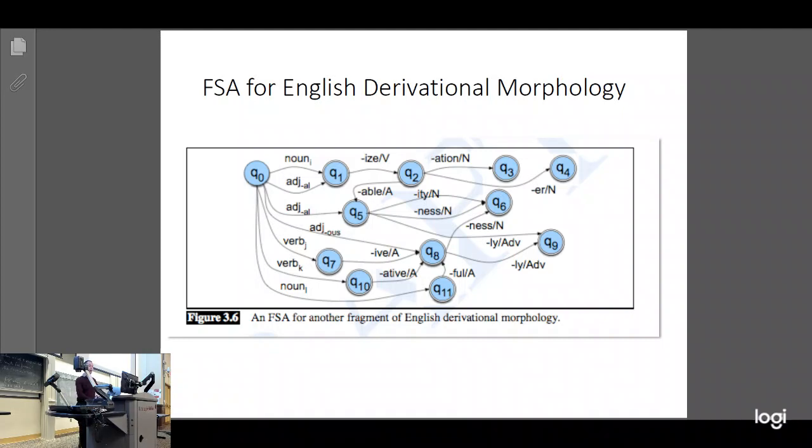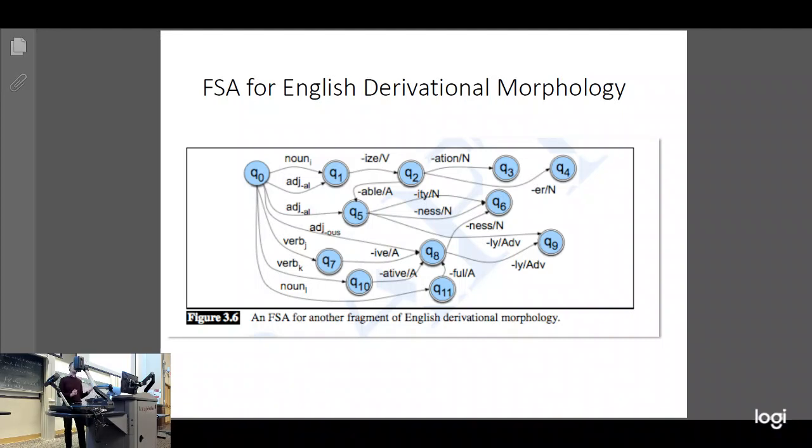So basically what this FSA will do is it will allow you to know whether a word is a well-formed English word or not. Is it a well-formed English word in terms of its derivational morphology? It doesn't do inflection, that's easy to add. But is it a derivationally well-formed word? It can tell you yes or no.